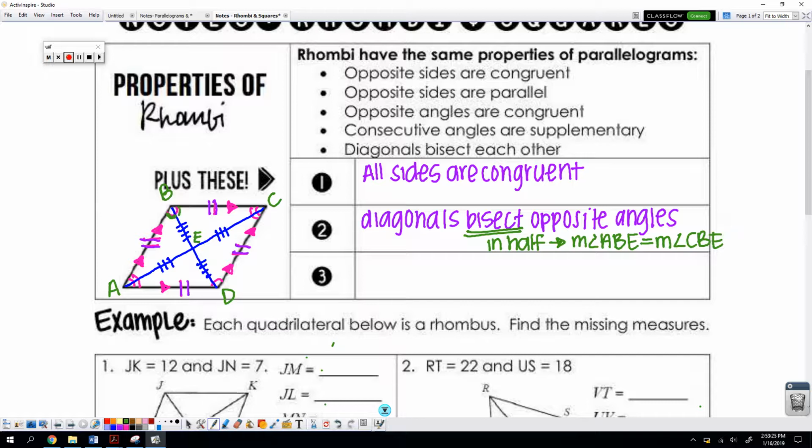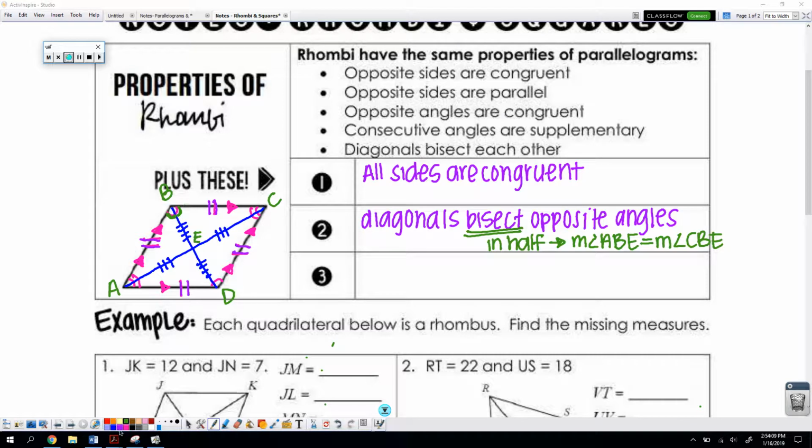So these 2 parts are exactly the same size. And every corner works that way. So angle A has been cut directly in half, angle D has been cut directly in half, and angle C has been cut directly in half as well.